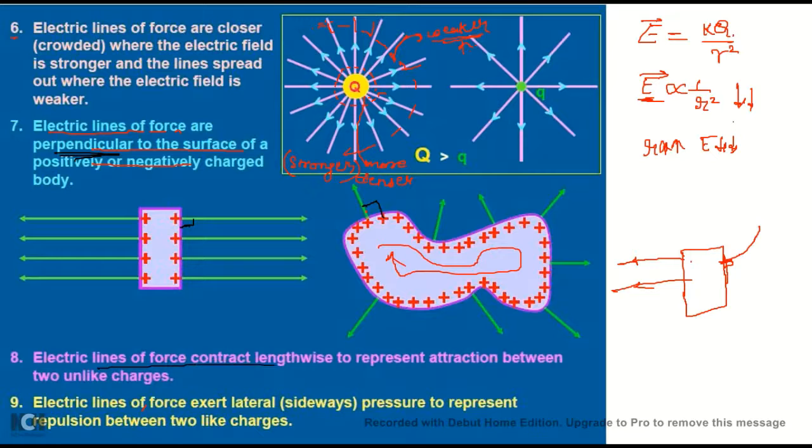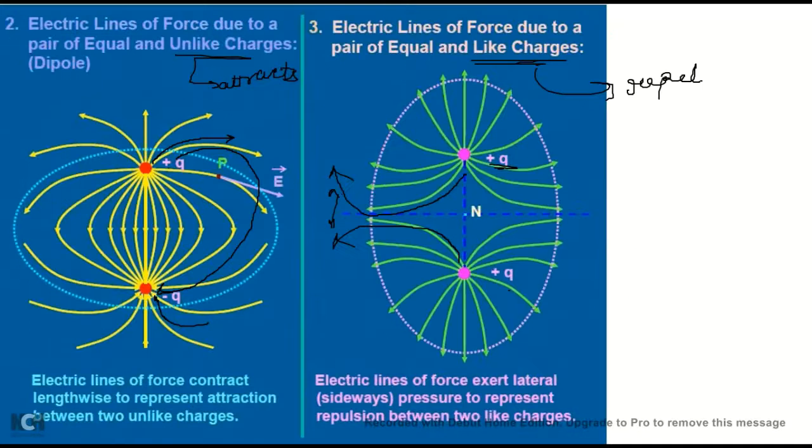Electric field lines contract lengthwise to represent the attraction between two unlike charges, and they push laterally sideways to show the repulsion between them. Look here, students, they are contracting to show the attraction force between them, and they are swiping apart, forming an area where no electric field is present.